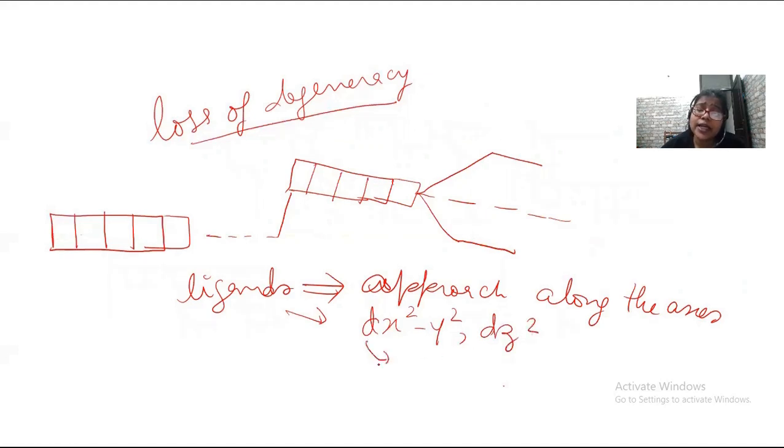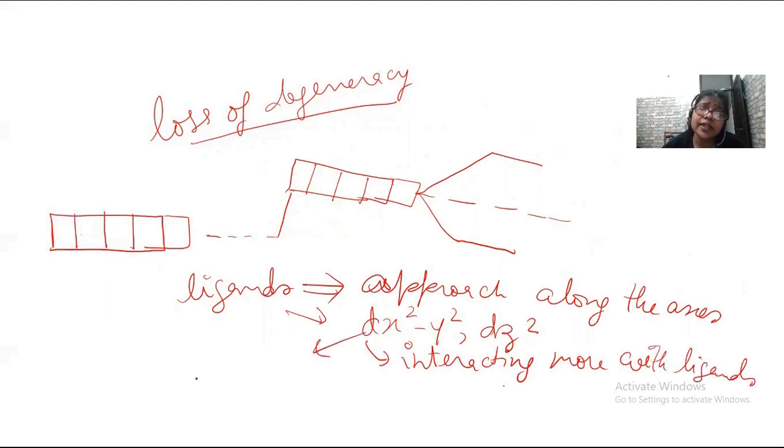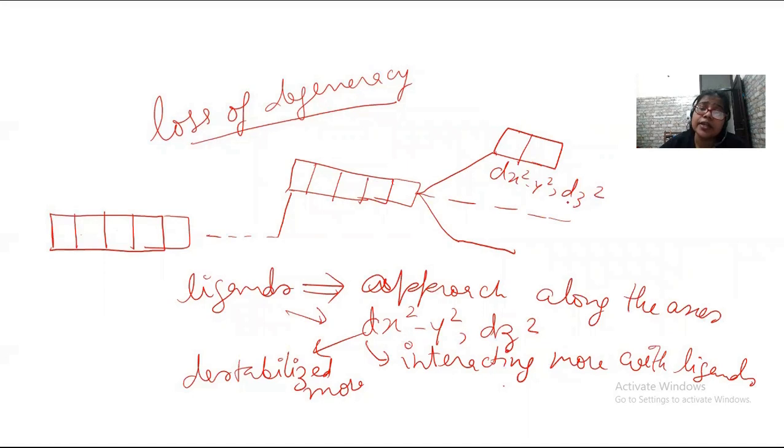These are the ones interacting more with ligands, right? So if they're interacting more with ligands, then they will get destabilized more. That is, they will gain energy. So they are getting destabilized, and this is my dx square minus y square, dz square.